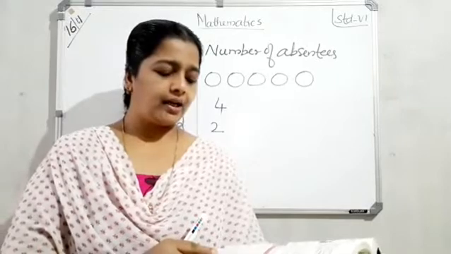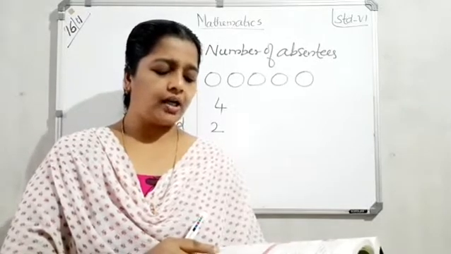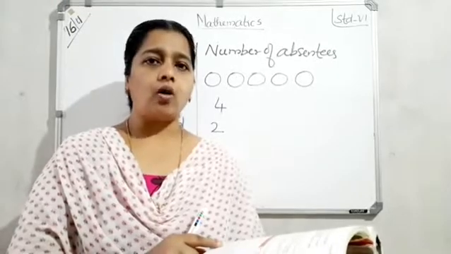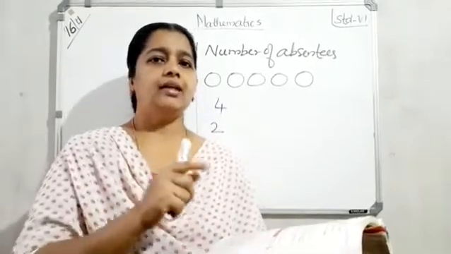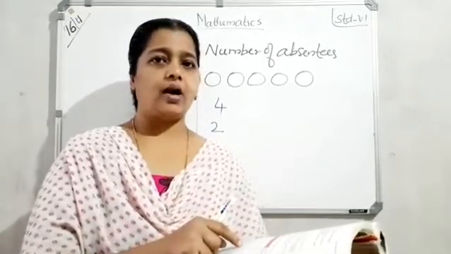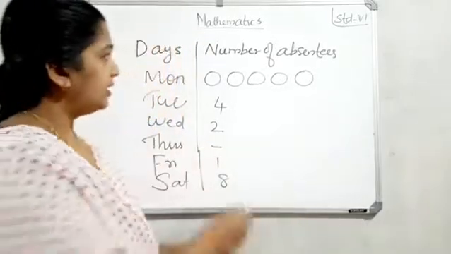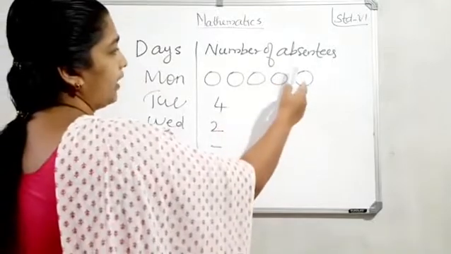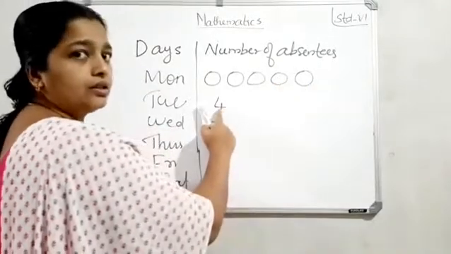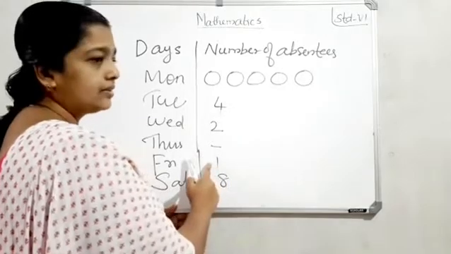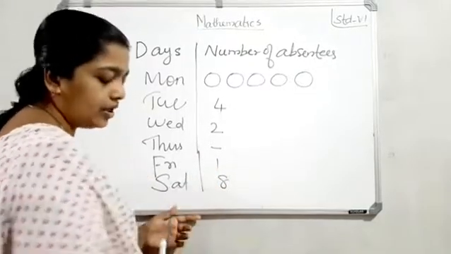Next, question C: what was the total number of absentees in that week? You want to count all these heads, these pictures. One head represents one absent. Therefore, 1, 2, 3, 4, 5. 5 plus 4, 9. 9 plus 2, 11. 11 plus 1, 12. 12 plus 8, 20.